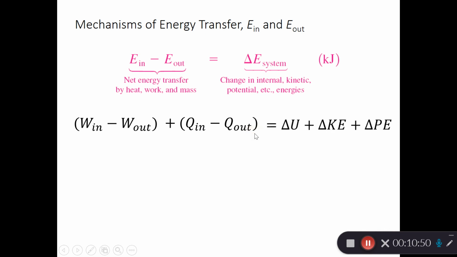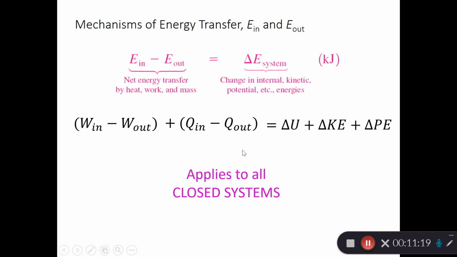On the right side, we have delta U, delta KE, and delta PE. This is the full equation, the expanded energy balance equation. This will follow you until chapter 7. So write it down and remember it. Most importantly, know what it means. You should be able to explain what this equation means.